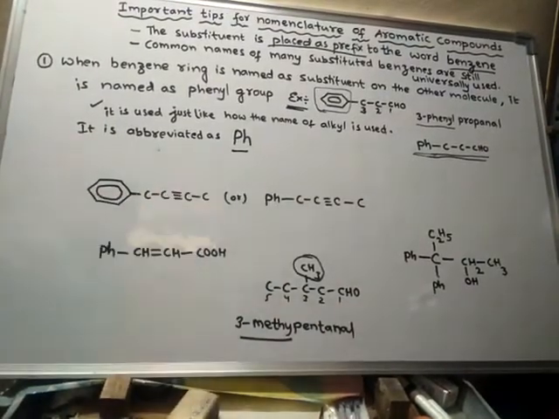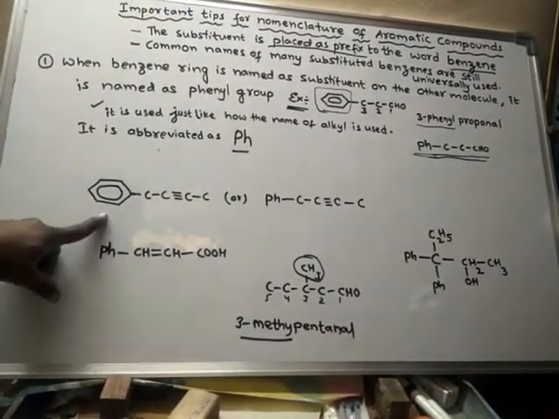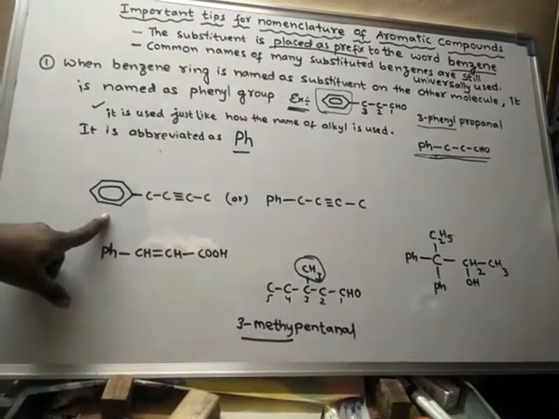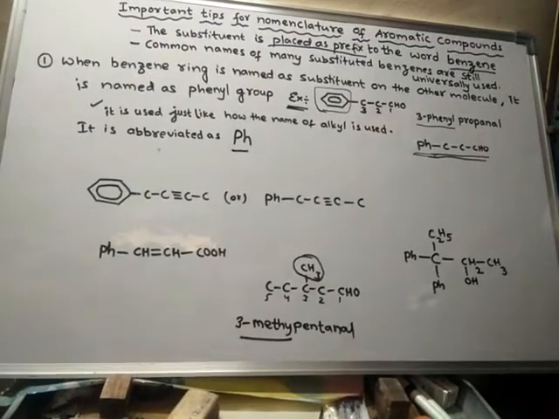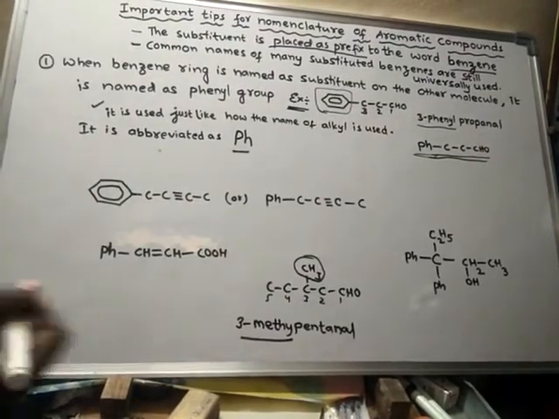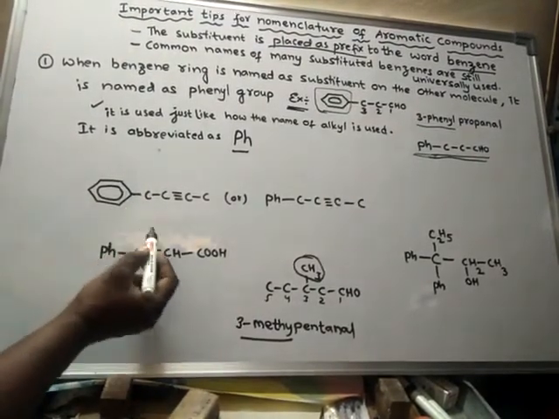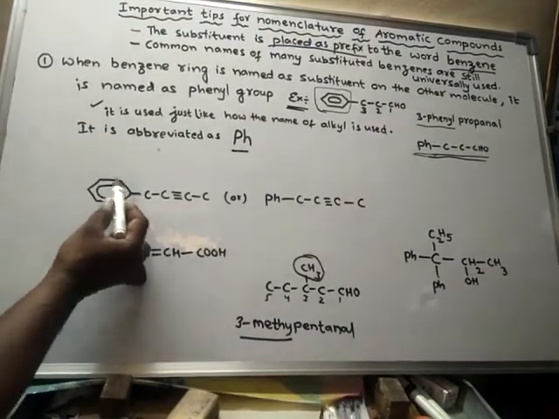What is the name of this compound? Now this benzene is written as phenyl. So how to number in this case? This is the carbon attached to this substituent.